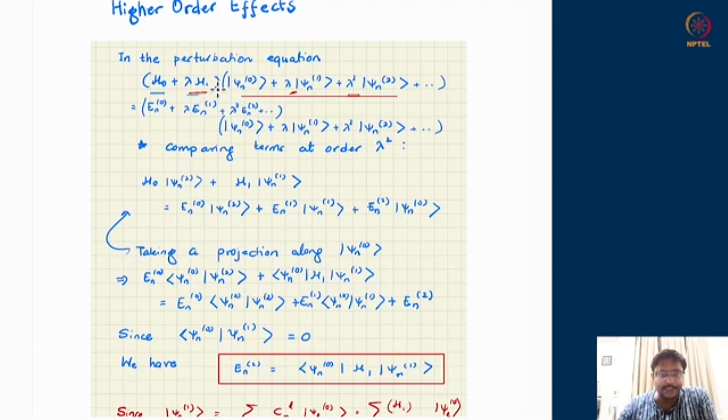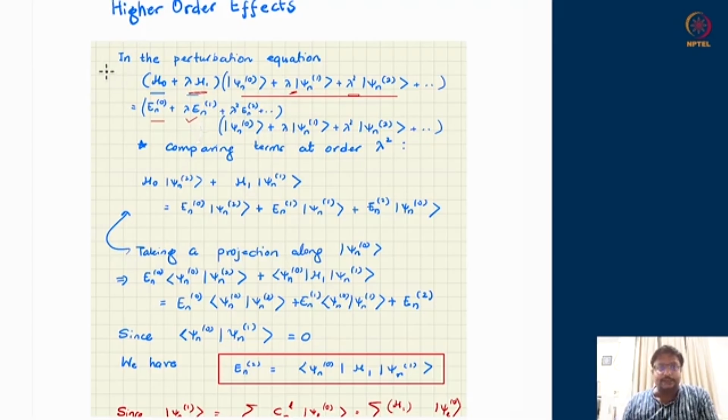Similarly, we do not know what the energy eigenvalues do. All we know is that they will change with the introduction of the new Hamiltonian term lambda, but what function of lambda is unknown to us. Therefore, the energy also we would expand in a power series in the parameter lambda.